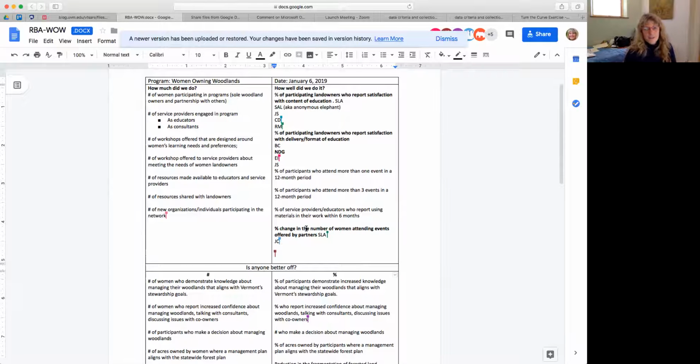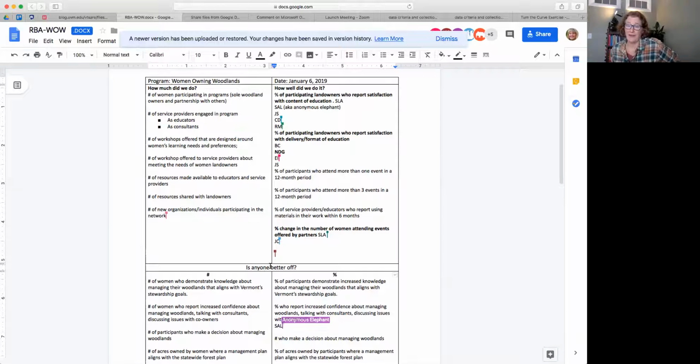Or maybe it is, it's not clear yet. But the intention behind the program is to target and serve women as a group that may be underserved. Yes, okay. So I would say that's a really important measure then, right? How are we doing getting the women at the table? So that probably is an important one.